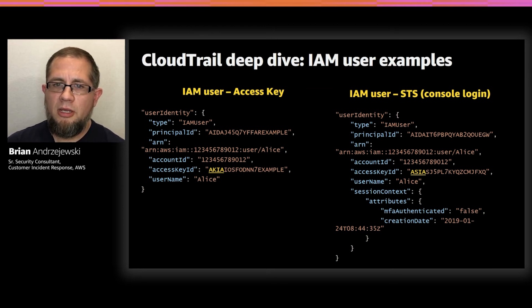The other one that I find customers have issues with is a console login. When an IAM user does a console login, it actually accesses the STS service, creating an ASIA key. And that ASIA key, as we described before, creates a session context. That session context will let us know if MFA was used, and then the creation date of that session, in this particular case for a login to the console.